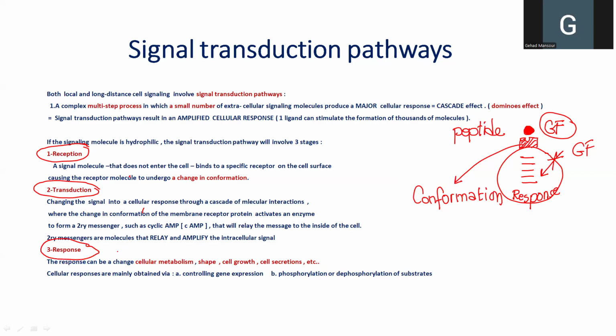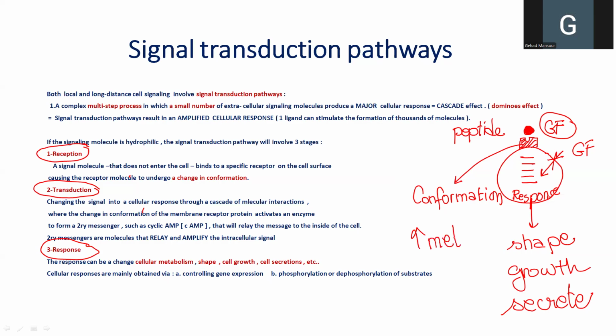That cellular response is usually a change made in the cell. It might be a change in the shape of the cell. It might be, for example, storage of material or growth. It might be inducing the cells to carry out secretion. It might be different things. It might be an increase in the rate of metabolic reactions, or it might be a diminution. This is the cell response.